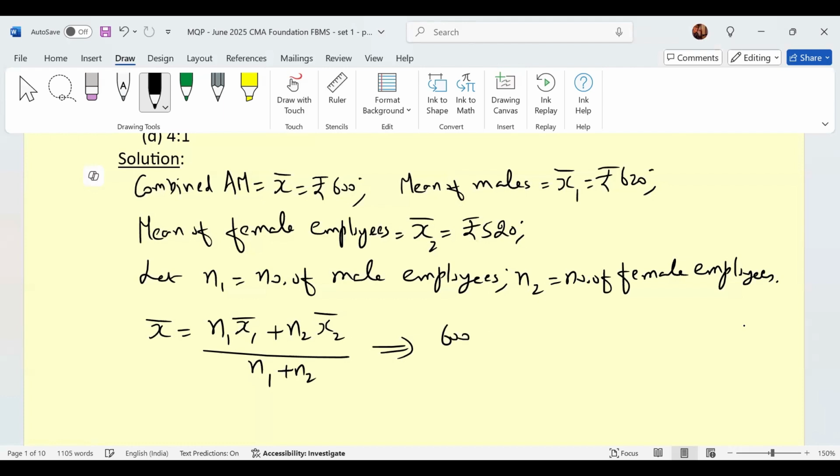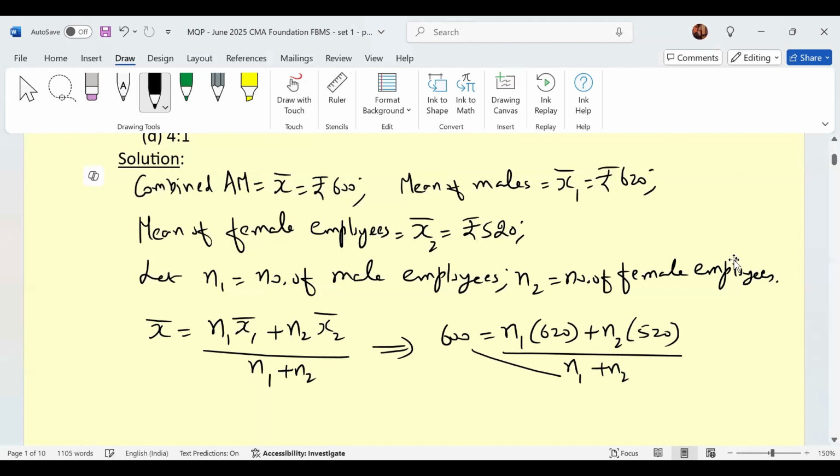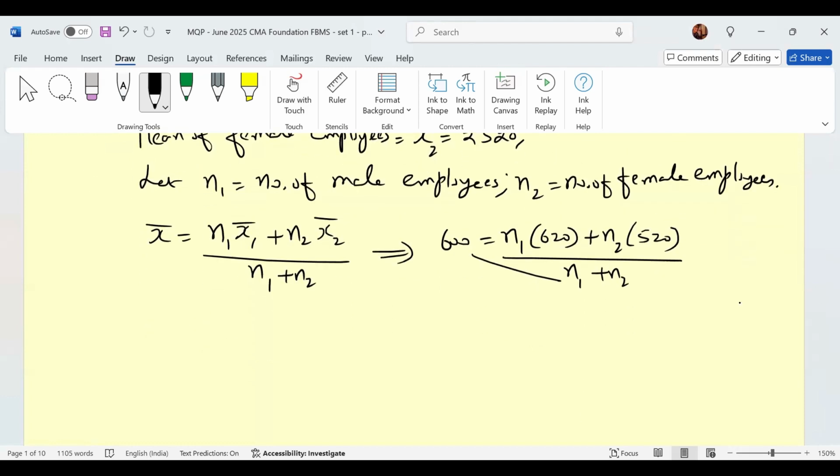We will get 600 is equal to N1 times 620 plus N2 times 520 divided by N1 plus N2. Cross multiplying, we have 600 times N1 plus 600 times N2 is equal to 620 times N1 plus 520 times N2.